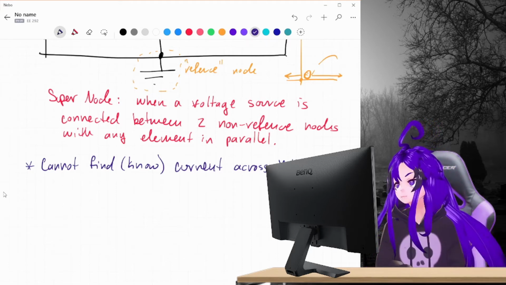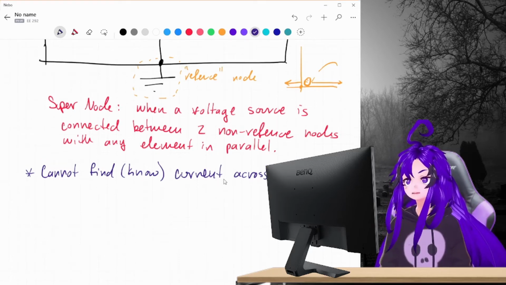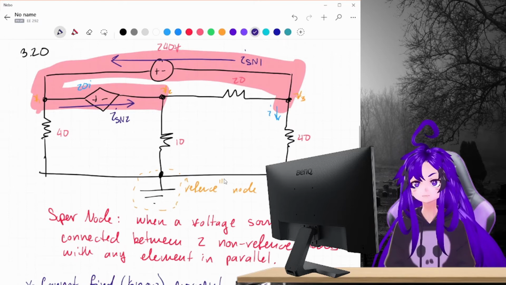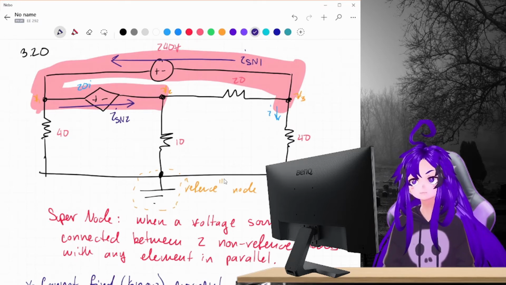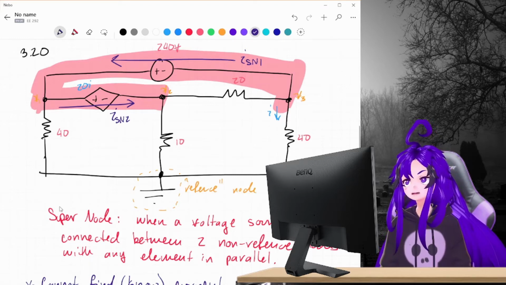Okay, so what we have to do is treat this circuit a little differently than normal. This is where things get a little bit funny.